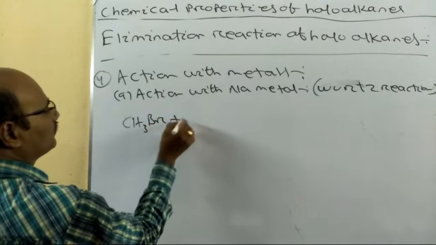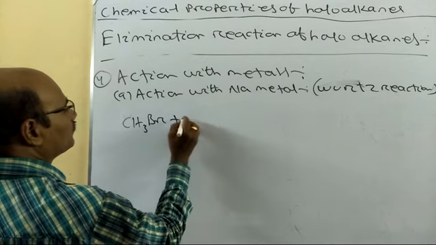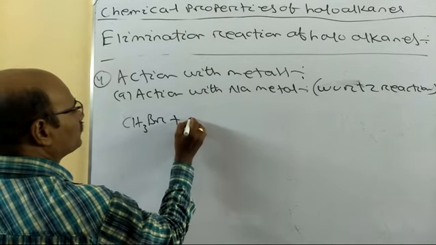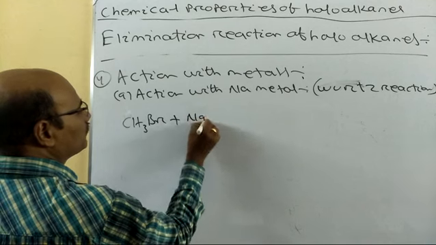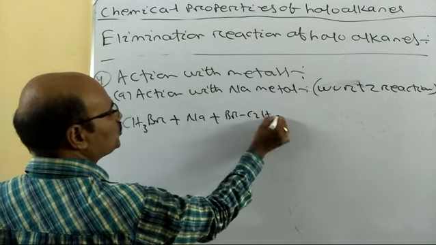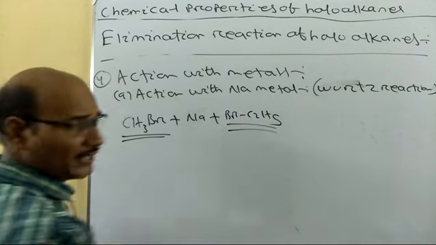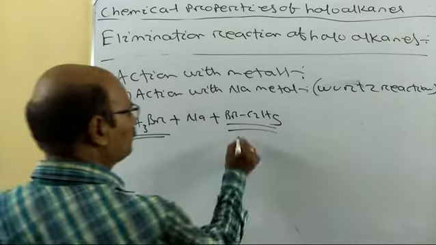Let me see, different types of haloalkanes I will take, CH3Br and C2H5Br with sodium. Now what will I get?